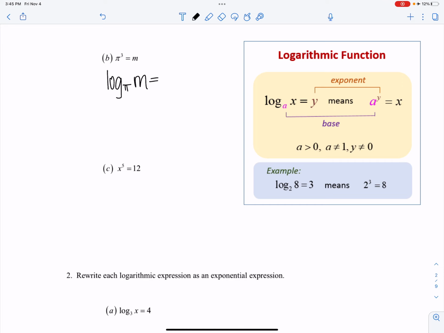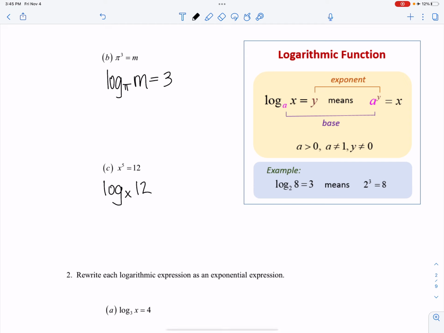And it equals that 3. Okay, our last example, x to the 5th power equals 12. First thing we're going to do is start with log. Our base is x. Now our exponential equals 12, so that's what is inside of our log, and this equals 5.